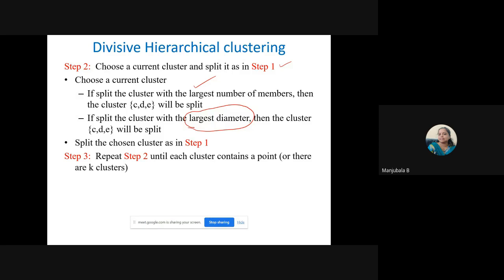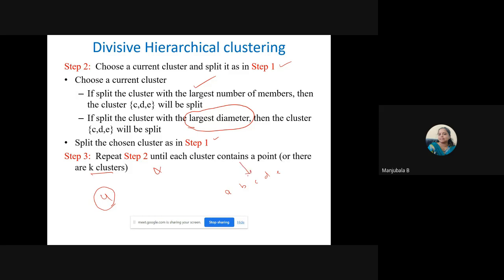The same procedure from step 1 you have to follow here. You have to split the chosen cluster as in step 1. This step you have to repeat until each cluster contains a single point, or there are k clusters. So here also we can assume we want 4 clusters. Whenever you get 4 clusters, with the data points partitioned into these 4 clusters, at that point you can stop, or continue until you get the singleton clusters A, B, C, D, E.